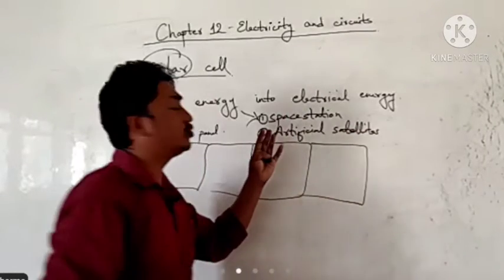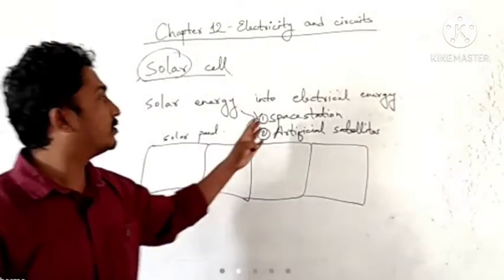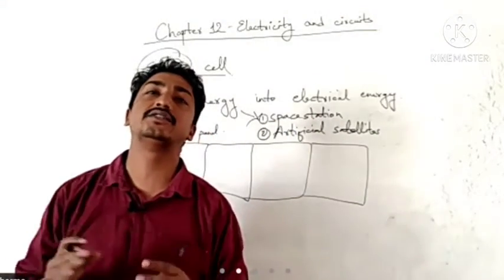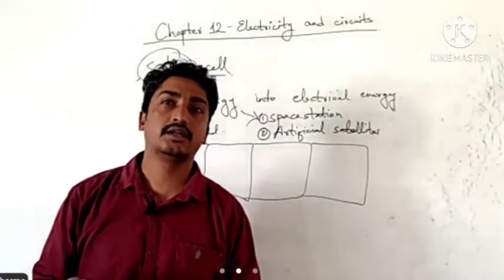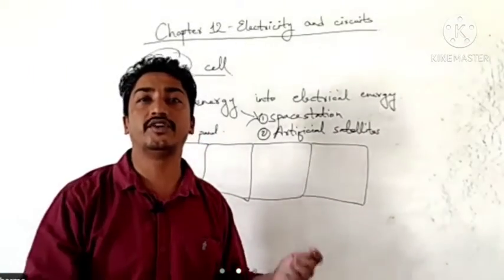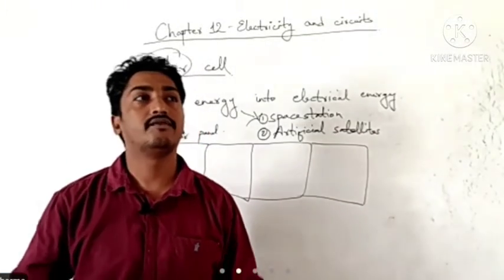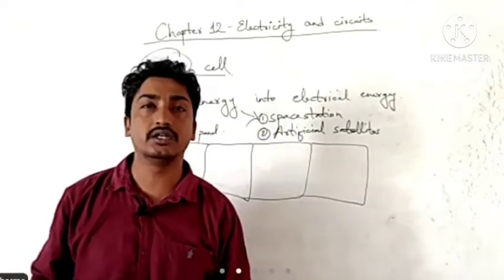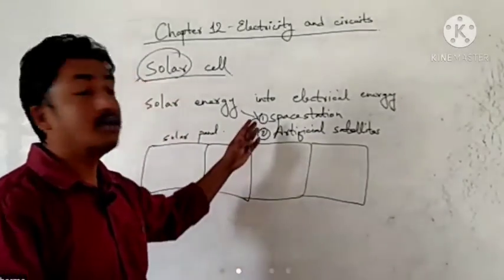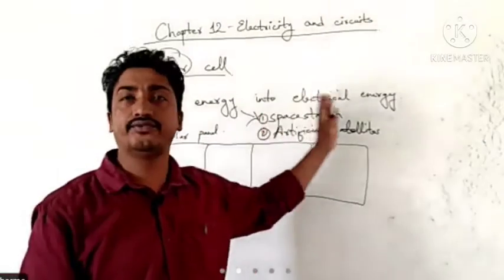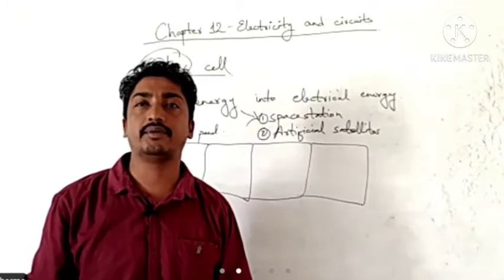To function, this space station needs fuel, but in a space station various research has to be done for more than a month or a year. If they are out of fuel, what will happen?